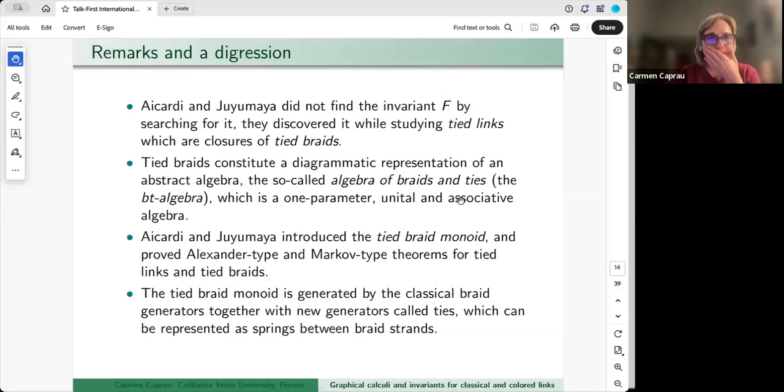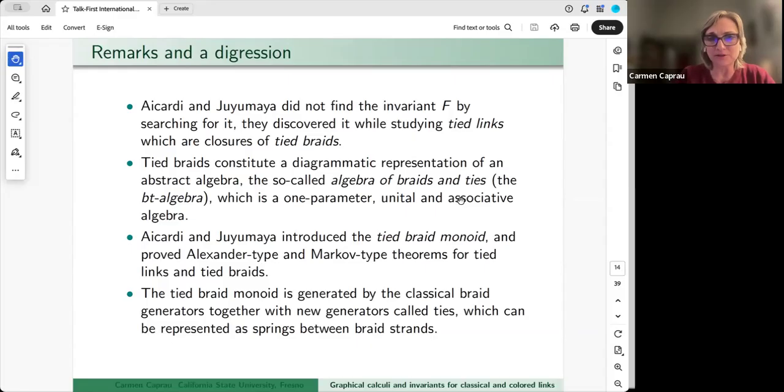I want to digress a bit and to mention that Aicardi and Juyumaya actually did not search for this invariant. They discovered it while they were studying tied braids and tied links. Tied links are just closures of tied braids.